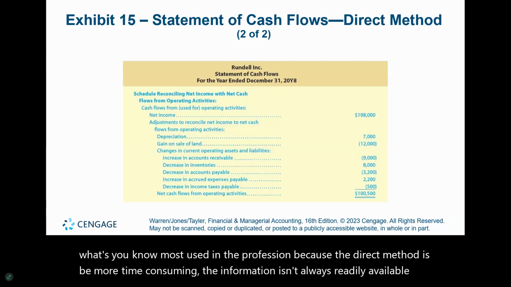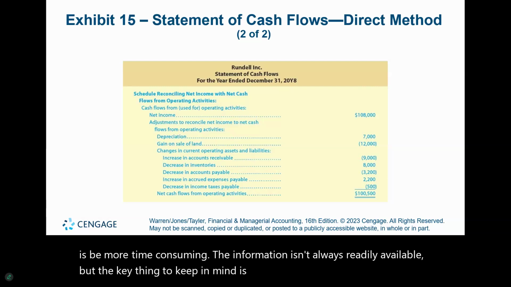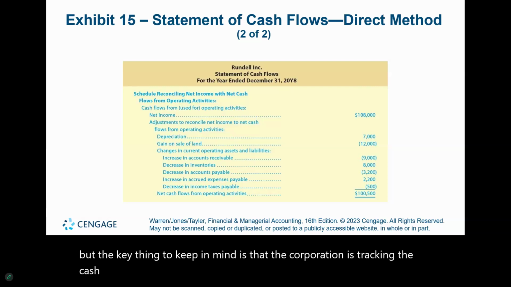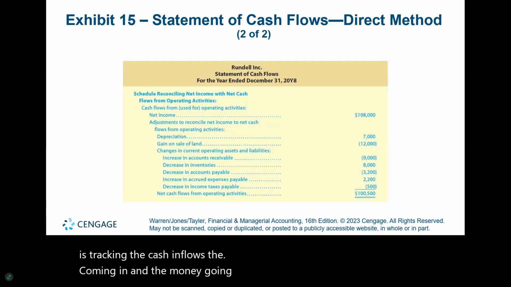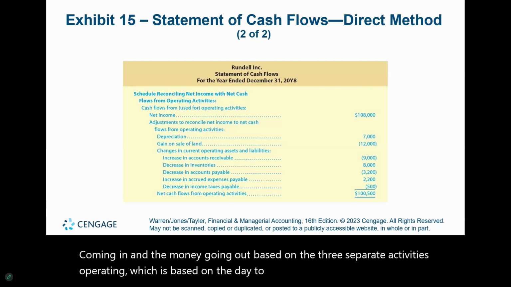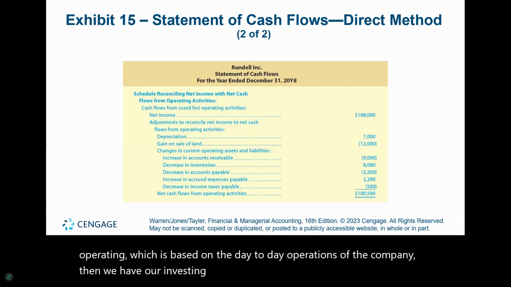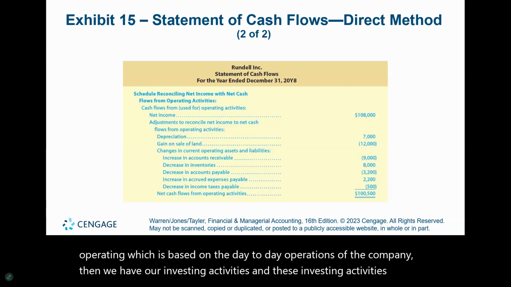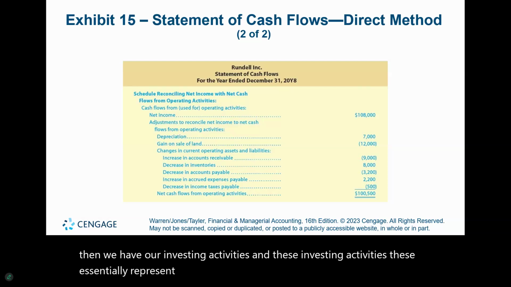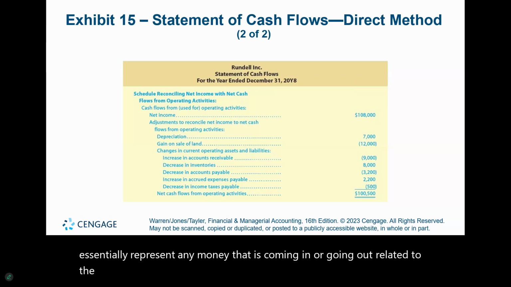But the key thing to keep in mind is that the corporation is tracking the cash inflows, the money coming in and the money going out, based on three separate activities: operating, which is based on the day-to-day operations of the company. Then we have our investing activities, which represent any money coming in or going out related to the changes in a company's long-term assets.